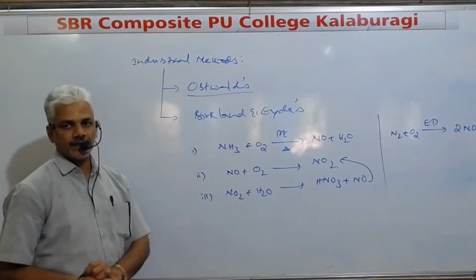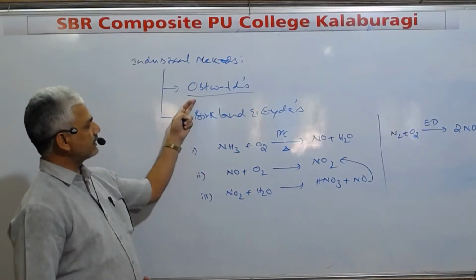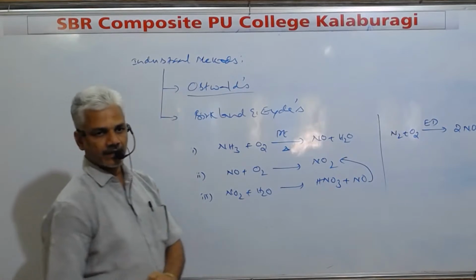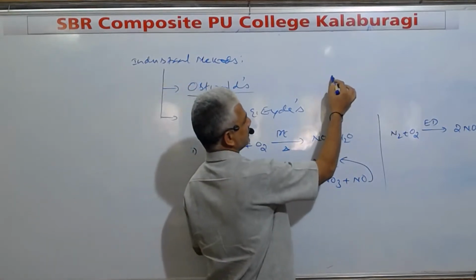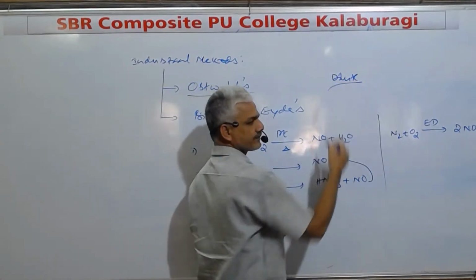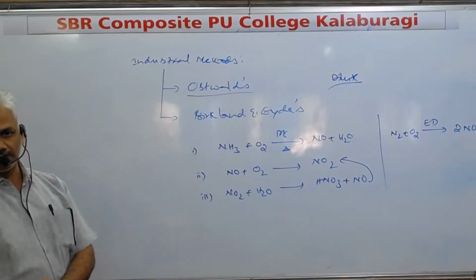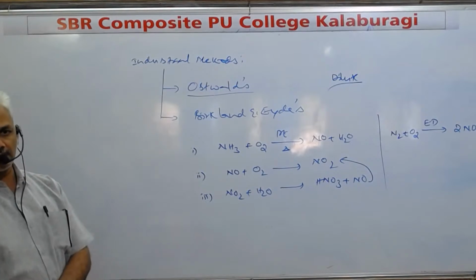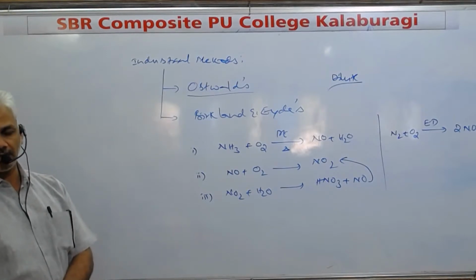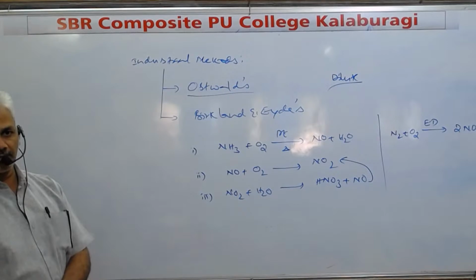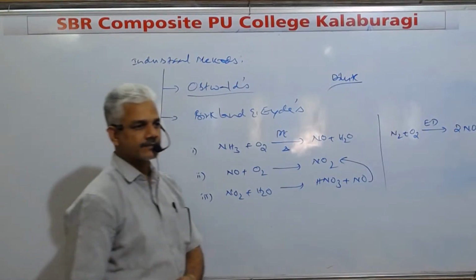So, the nitric acid produced by either Ostwald's process or Birkeland-Eyde's process is initially dilute. So, its concentration has to be increased. How can you increase the concentration? Just you have to remove the water. How can you remove water?